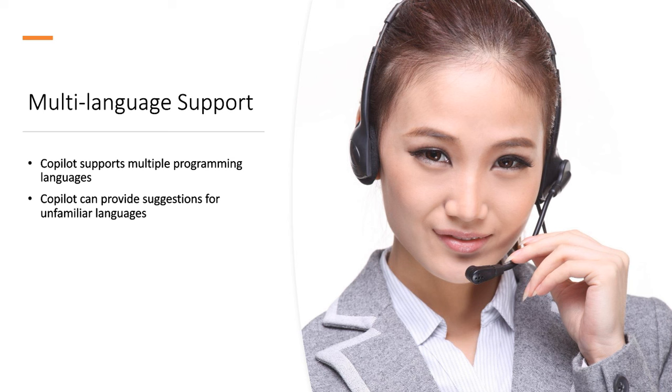Copilot supports multiple programming languages, making it a versatile tool for developers working with different code bases. Additionally, the tool can provide suggestions for unfamiliar languages, helping users learn new programming languages more quickly, which is good.